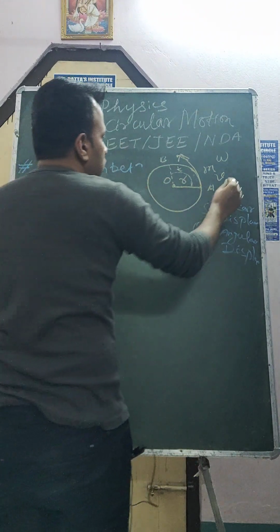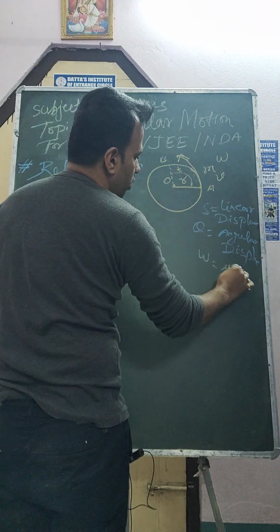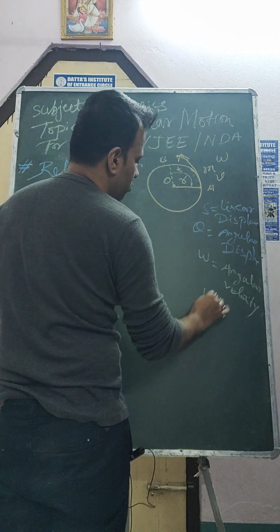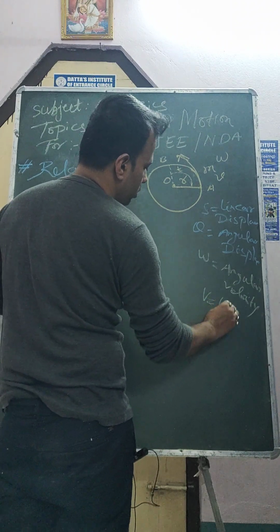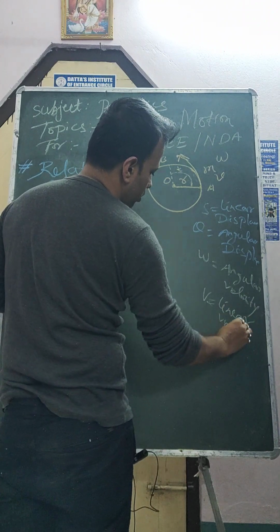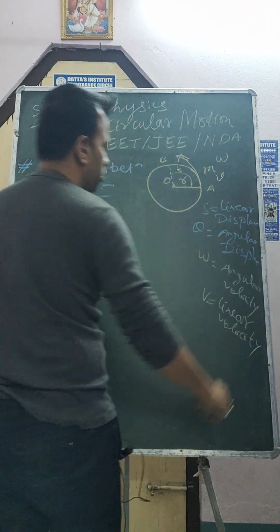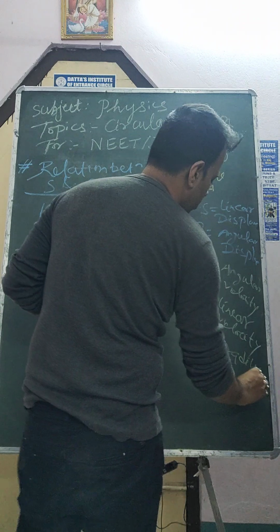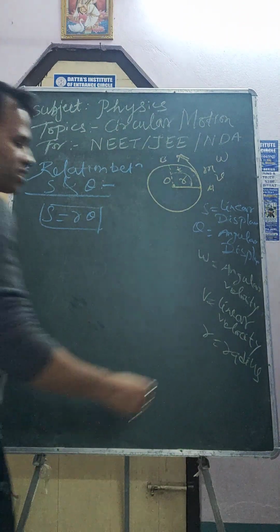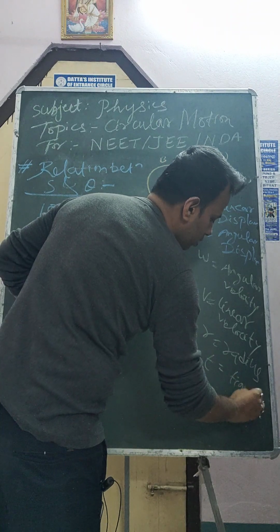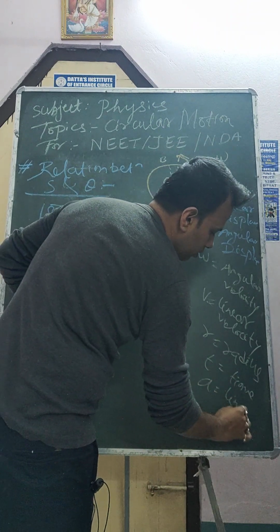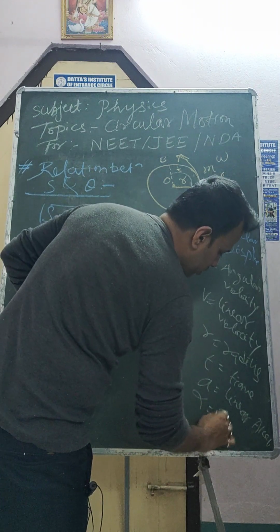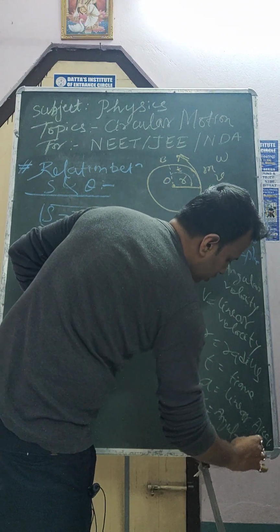Now omega is angular velocity, v is linear velocity, r is radius, and t is time. a is linear acceleration, and alpha is angular acceleration.